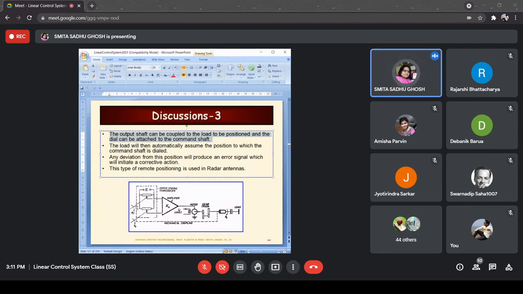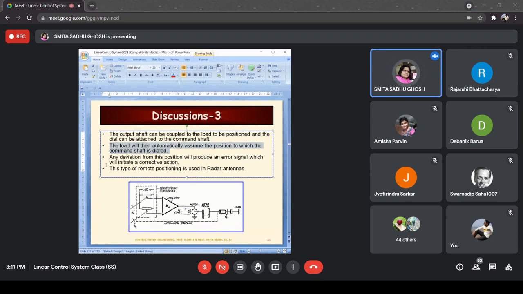Again, let us say we want it at 15 degrees. So the dial is then positioned at 15 degrees, and we see whether the shaft is following, and so on. So the load will then automatically assume the position to which the command shaft is dialed, right?